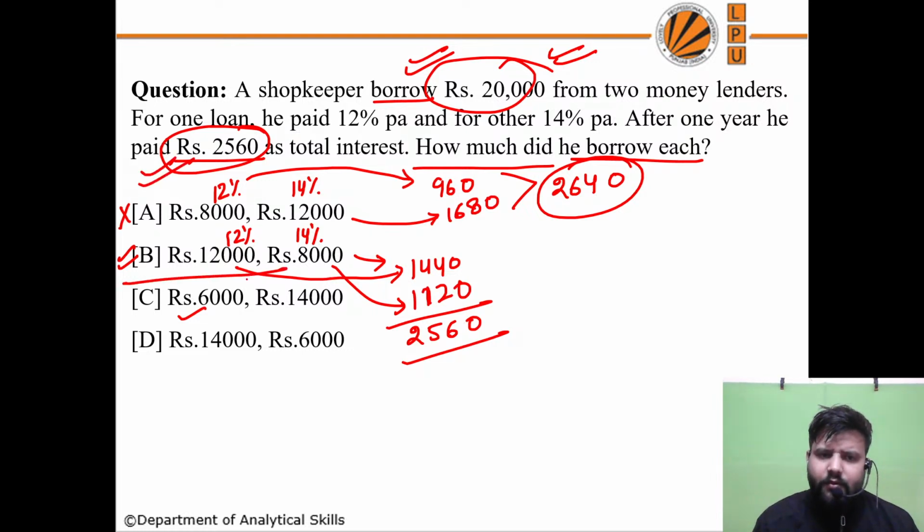So that's why option 2 satisfies the condition and becomes the answer for the question. I hope everyone got it. Please type in comments if you got the method by options.